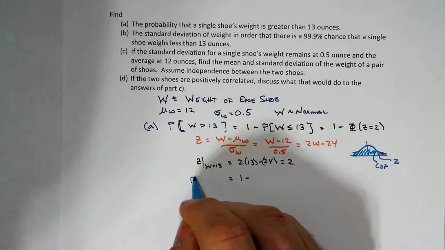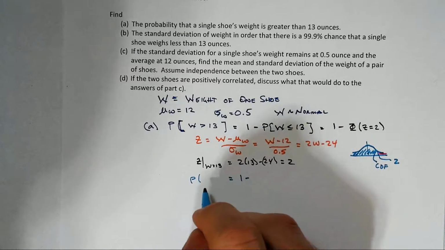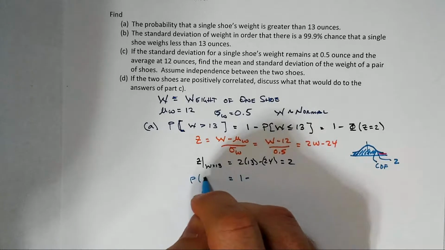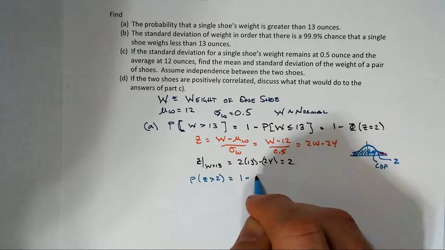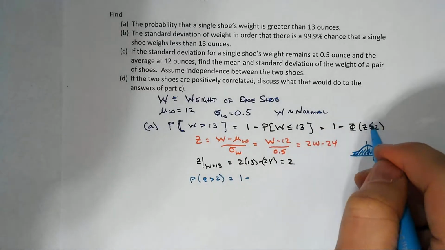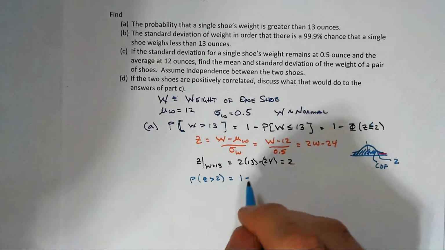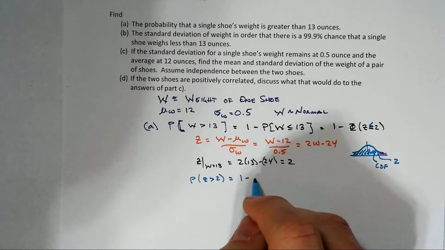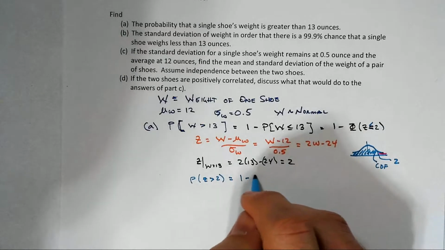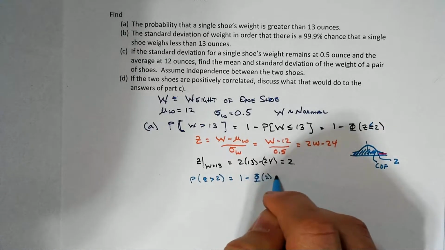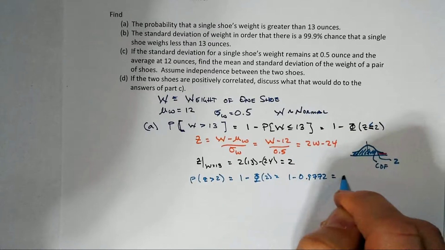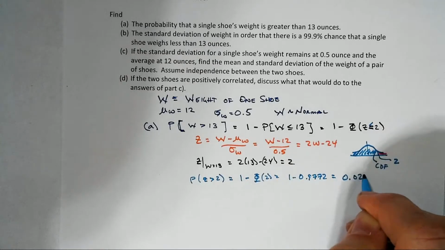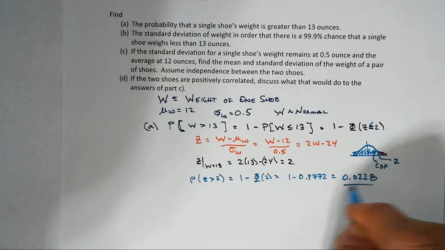So the probability that z is greater than 2 is 1 minus the probability that z is less than or equal to 2. So it's 1 minus 0.9772 equals 0.0228 for our answer.